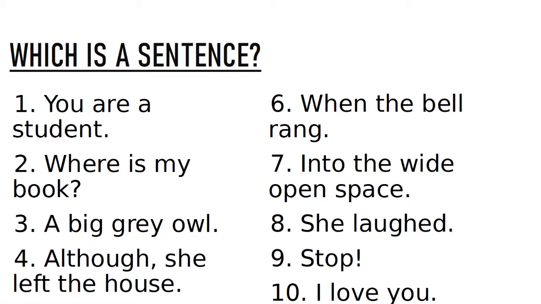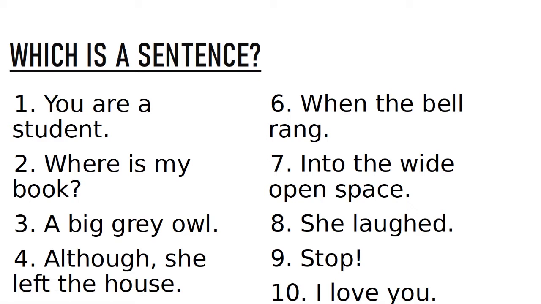Number 6, when the bell rang. No, this is not a sentence. Again, this is considered a dependent clause because it starts with a when. We need something after it. When the bell rang, comma, I ran into the school.